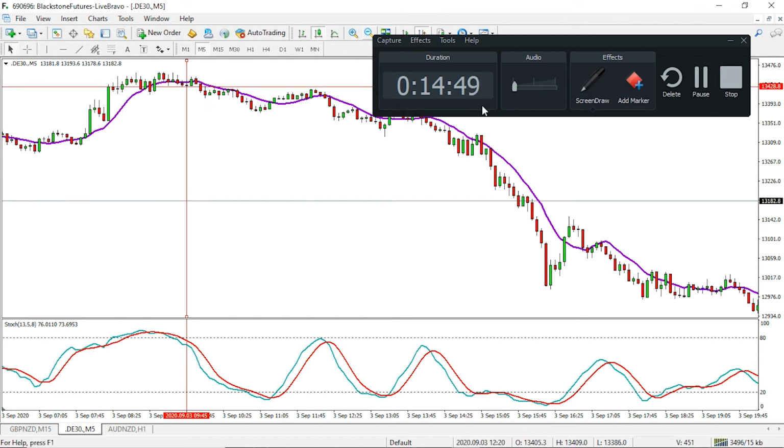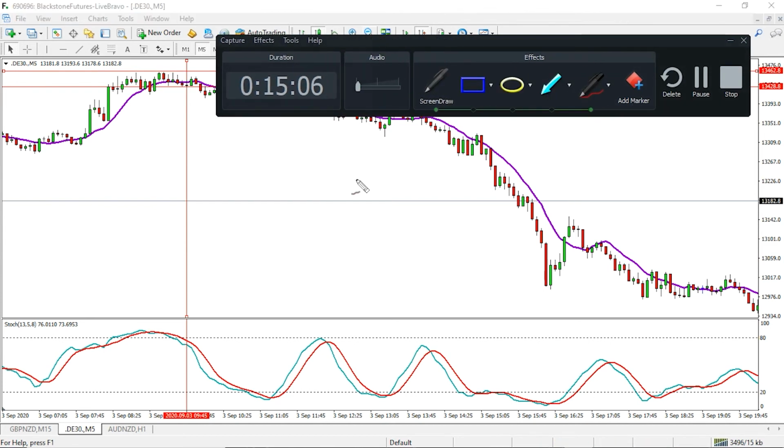So my entry at 134.28, let's call it 134.30 or 134.25, and there you can see just above that recent high, 134.62. Okay, so let's just pop that in here. Entry equals 134.30.